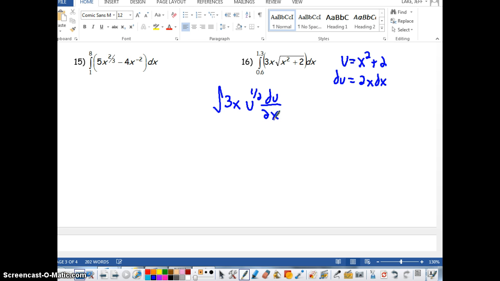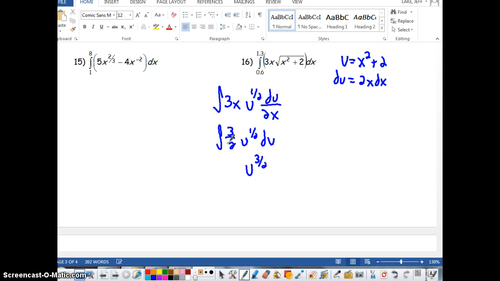Notice I purposely didn't write the bounds on there, and I'll talk about that in another minute. So the 3x over 2x, first I'm just going to simplify this. So 3x over 2x is just 3 over 2, u to the 1/2 du. And now I need to integrate this. Add 1 to the u to the 1/2, u to the 3 over 2. Divide, so the 3 over 2 out in front goes away. So I'm really left with u to the 3 over 2 here.